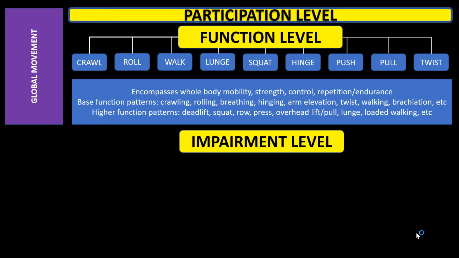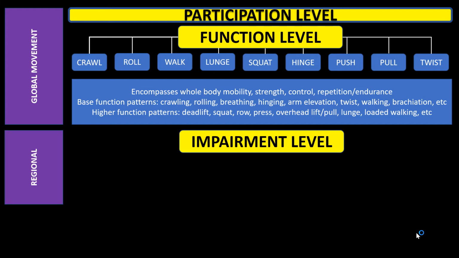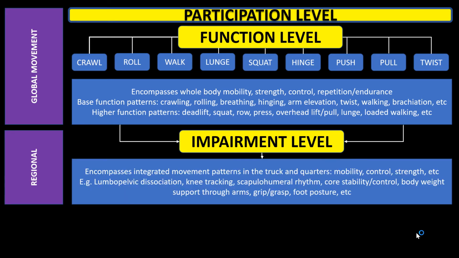So when we start thinking of the impairment level, we often think about exercise that would go to the regional level, which would be separated into the trunk and the quarters, so arms, legs, and the trunk. These would encompass the integrated movement patterns that would also include mobility, control, strength, etc., but would be more regional in focus.